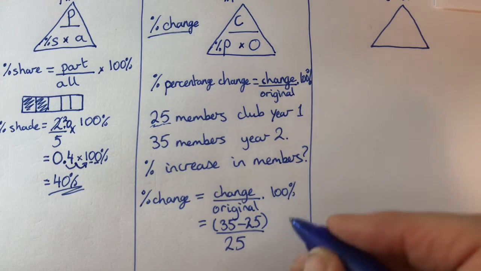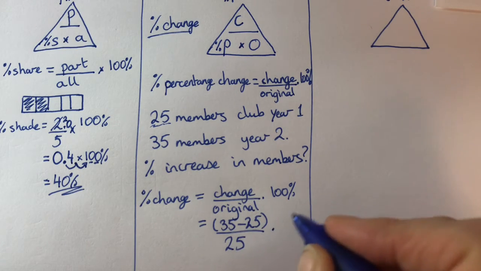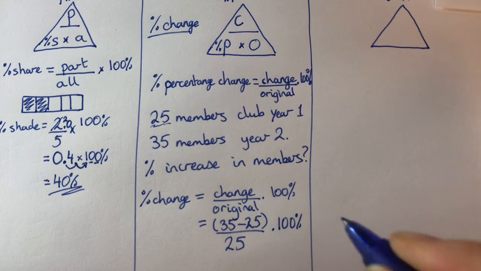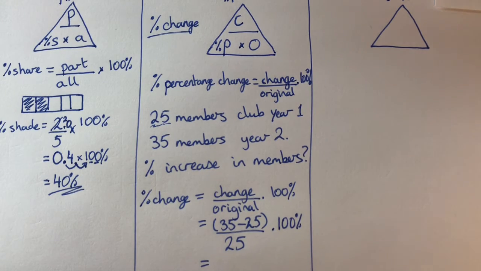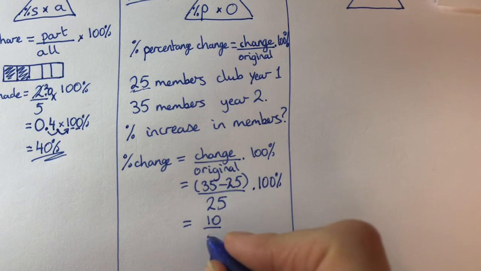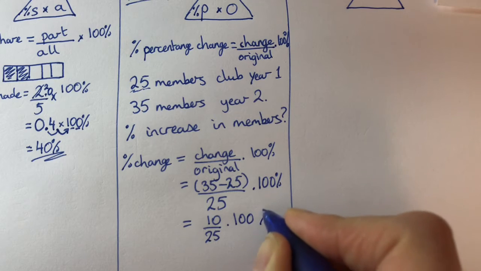And then this will give us a fraction or a decimal answer here. To change it into percent, we need to multiply it by 100% and work with it in percentage form. 35 minus 25 is 10. So we get 10 divided by the original, which was 25, multiplied by 100%.